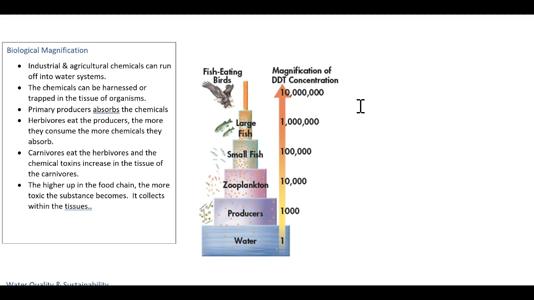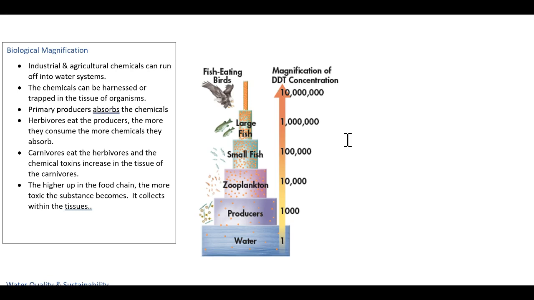So as scientists looked into what was happening, they discovered that the eggs of these birds were developing very, very thin shells, so that when they were laid, they would either break, or they were susceptible to bacteria, or when the mother sat on them to keep them warm, they would crack. So very few eggs were making it to develop more birds, more of these fish-eating birds.